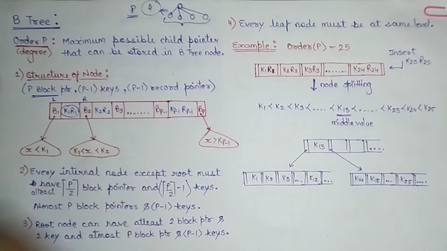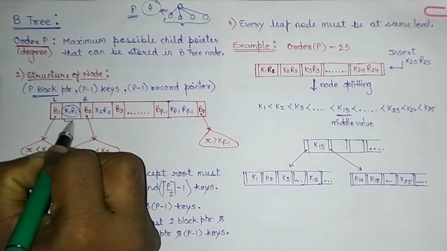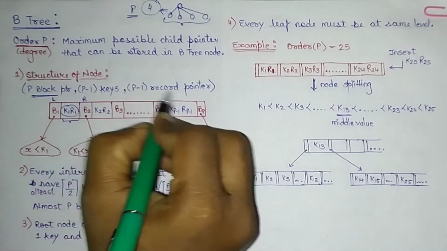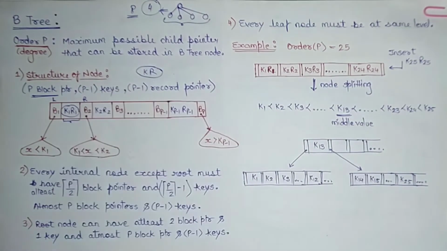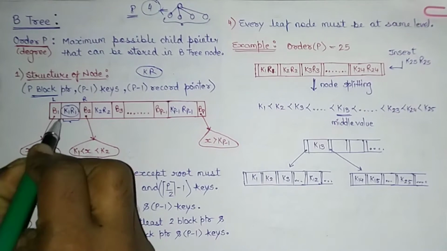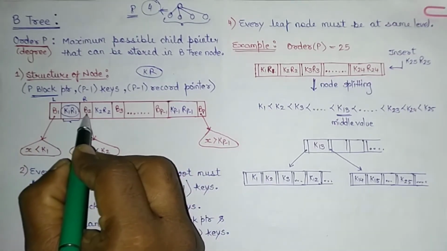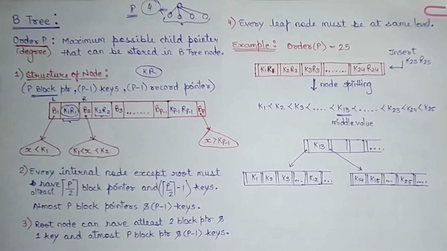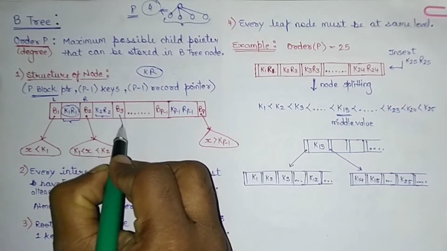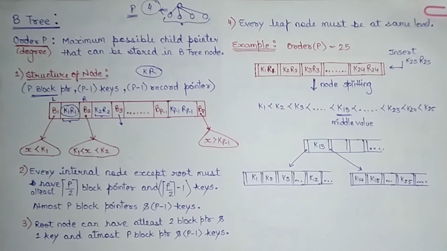So we'll be having one block pointer. With the key we'll be having a record pointer. So key and record pointer, these two things will be together in this B tree like this. Then another block pointer, then again a pair of key and record pointer, then again a block pointer, and so on, right?